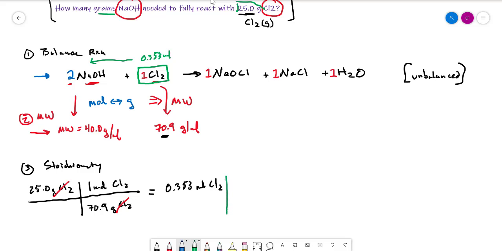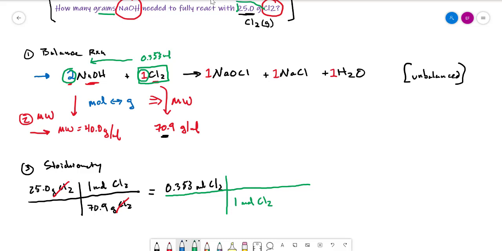So let's go back down here, and I'm just going to keep going on this value that I first computed, and I'm going to use the molar relationship to compute this. And I'm going to say, well, for every 1 mole of Cl2 that reacts, I've got 0.353 of them. For every 1 mole that reacts, how many moles of NaOH are required?